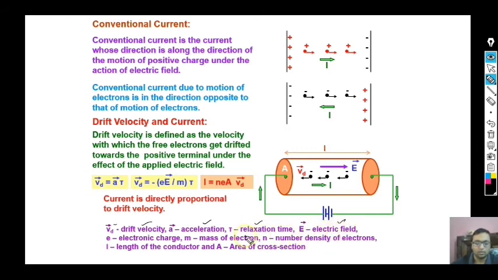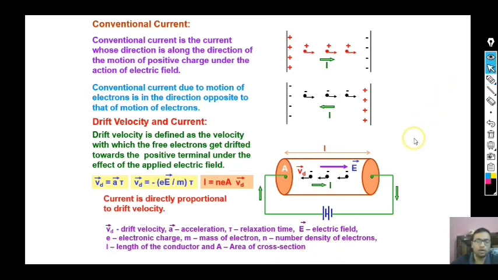Then small e is the electronic charge, or charge of the electron. m is the mass of the electron. n in this formula is the number density, that is how many electrons are present per unit volume of this particular material. L is the length of the conductor and A is the cross-sectional area.